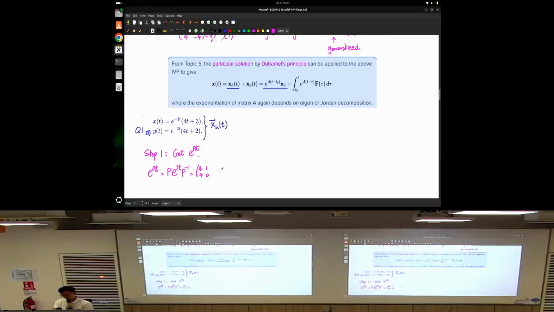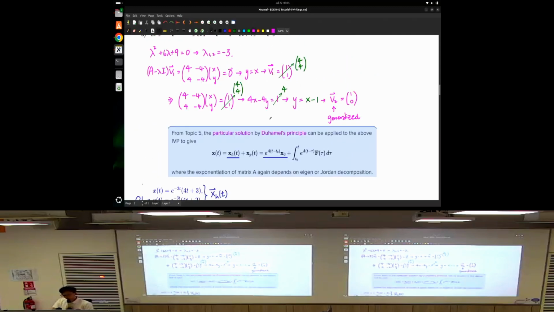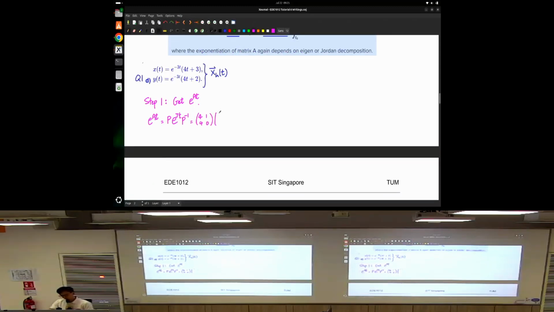Then the e to the Jt will be e to the 3t. Is it 3 or minus 3? It's minus 3. So this is e to the minus 3t, then e to the minus 3t. Then this guy is always t e to the lambda t. So t e to the minus 3t, 0. And then the P inverse you must compute also.